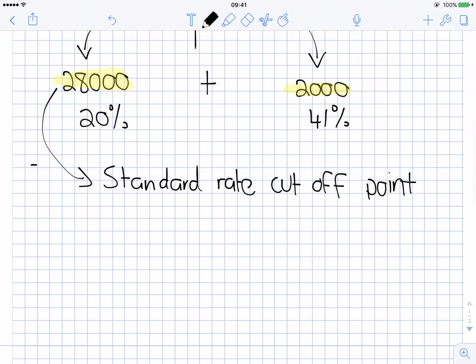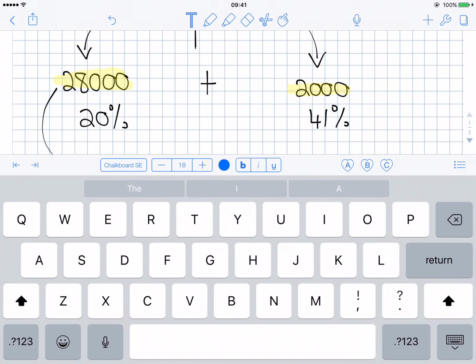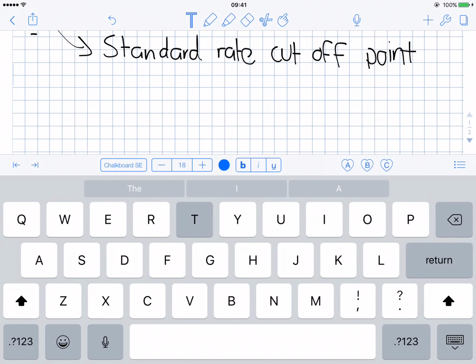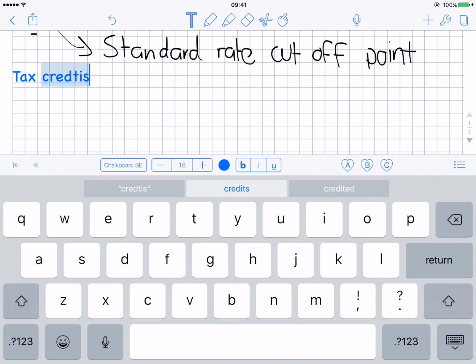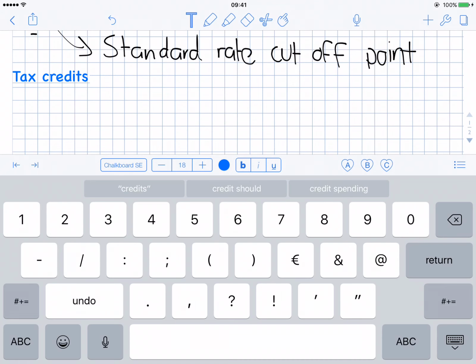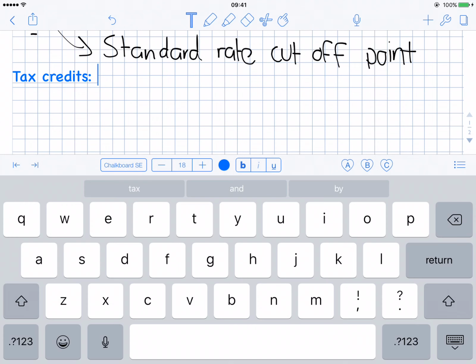Then we have what's known as tax credits. Generally, every person in the country has what's known as tax credits, and it's a certain amount of money. If you want to think about it like this, the government has already paid a certain amount of tax for you. It's like a credit that you have. Just like when you have credit on your mobile phone, you have already bought that credit.